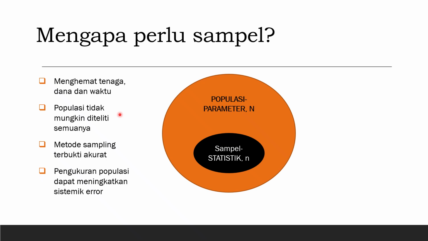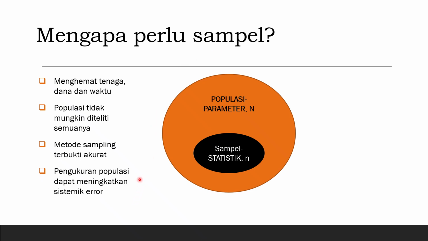You cannot reach all of them since the number of your population is very large, and we call this an unlimited or infinite population. And then studies also showed that the sampling method can be accurate. So this theory can be the reason why we are going to do sampling.